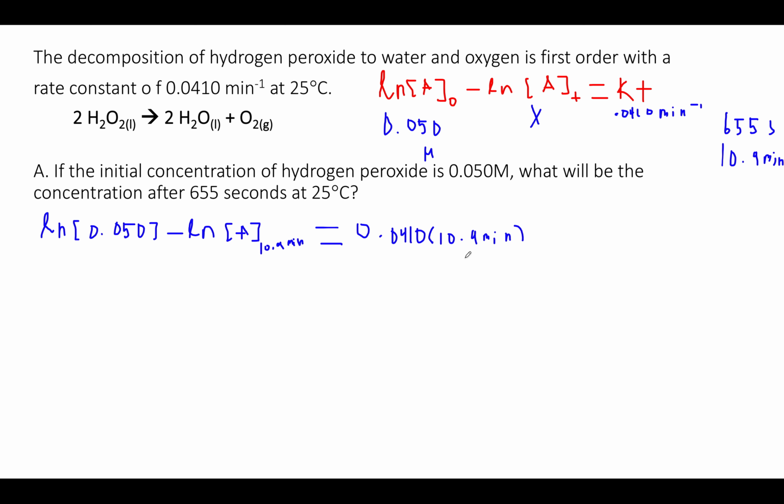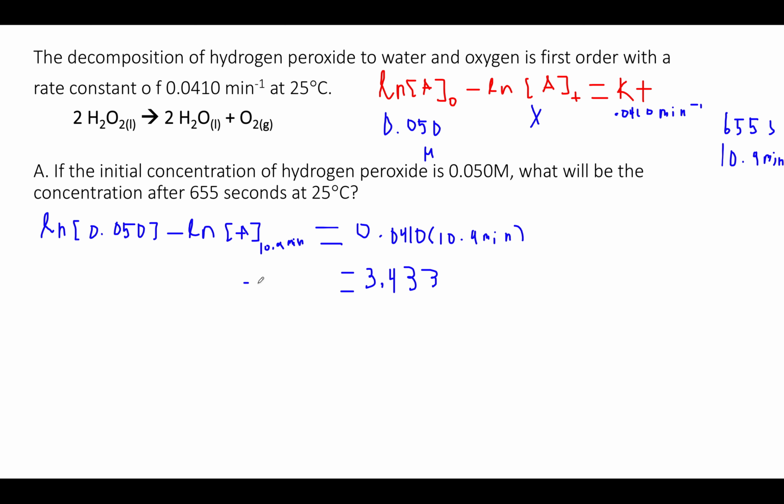So if I add 2.99 to the right side and multiply that by 0.041 molar times 10.9, I get 3.433. Once again, I didn't write out the steps because it would be a little bit tedious, but I took the ln of 0.05 molar, moved it over to the right side, and combined it with these numbers here, and I got 3.433.